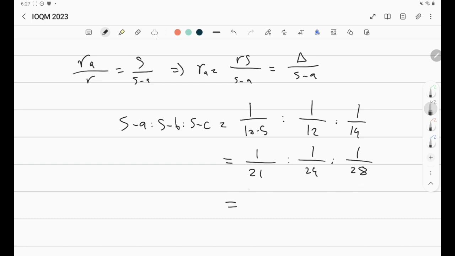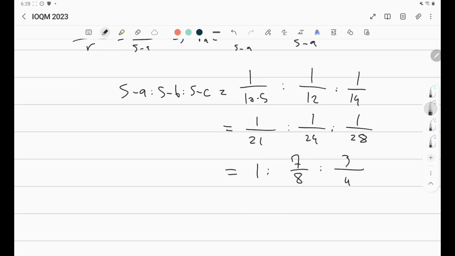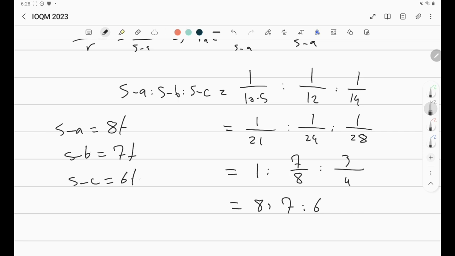So if you multiply by 21, this is 1, 21 over 24 is 7 over 8, and this one is 21 over 28 is 3 over 4. Okay, it makes sense to multiply by 8. And guess what? We get this nice thing, 8, 7, 6. So that simply means that s minus a is equal to 8t, s minus b is equal to 7t, and s minus c is equal to 6t.